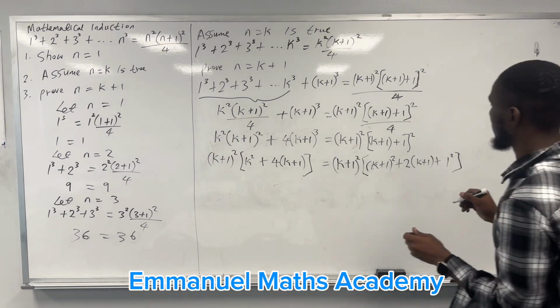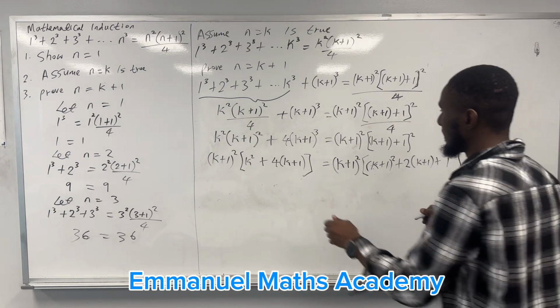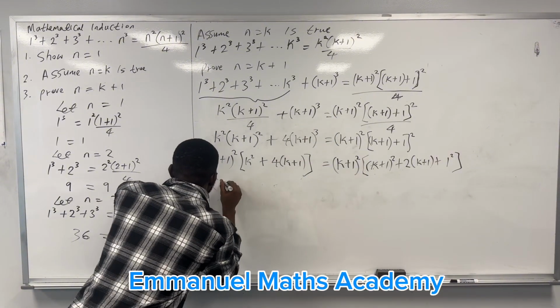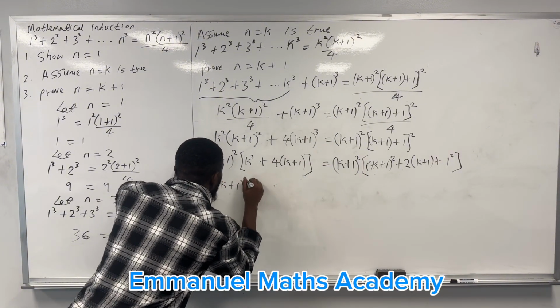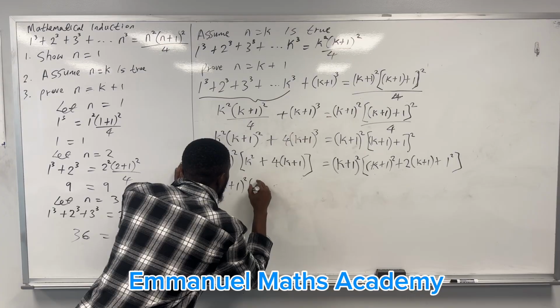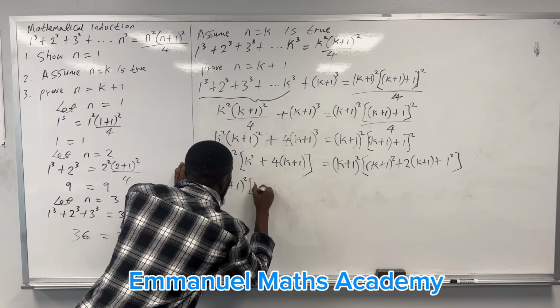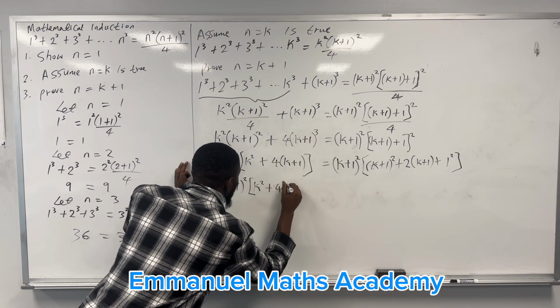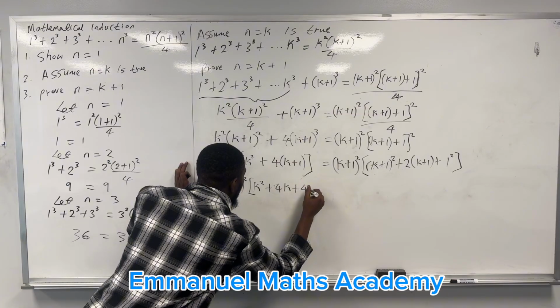So this is the expansion. Alright? So for this we have K plus 1 squared into K squared plus 4K plus 4.